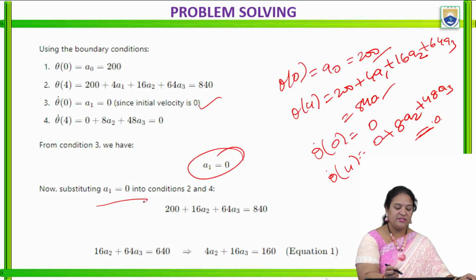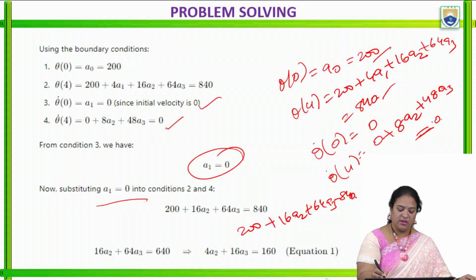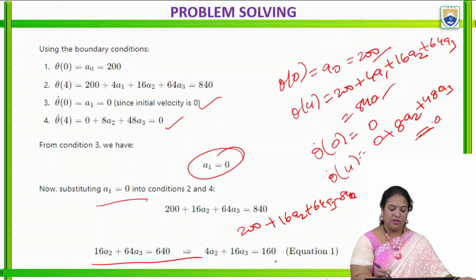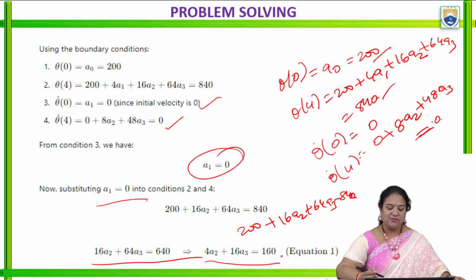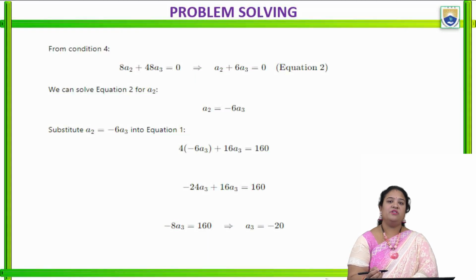Now as a1 is equal to 0, when we substitute that in either of the equations, that is in 2 or 4, we will be getting 200 plus 16a2 plus 64a3 minus 840, or we can write 16a2 plus 64a3 minus 640, or we can also write 4a2 plus 16a3 minus 160, taking out common, from equation 1.